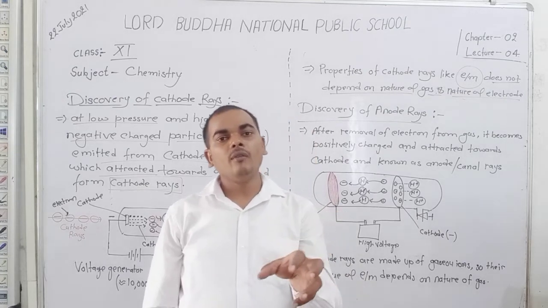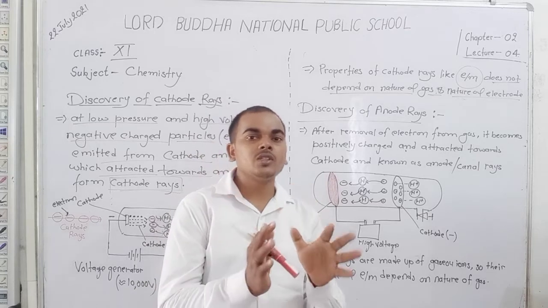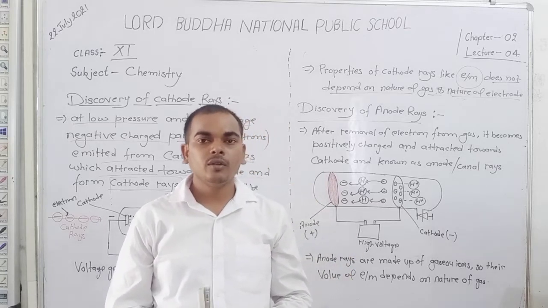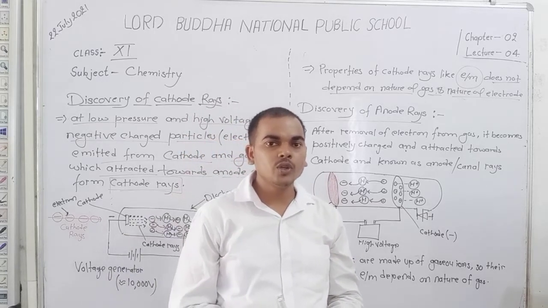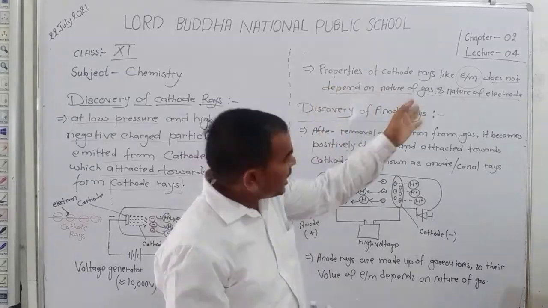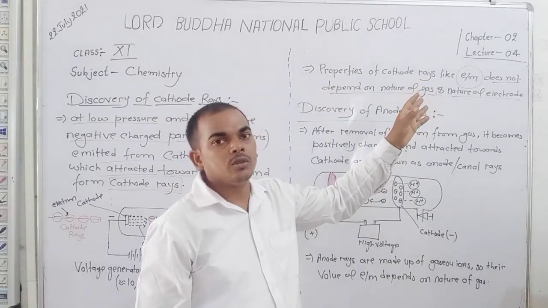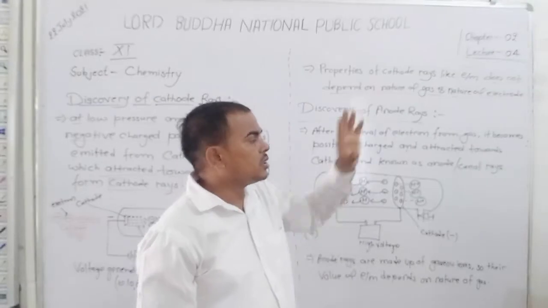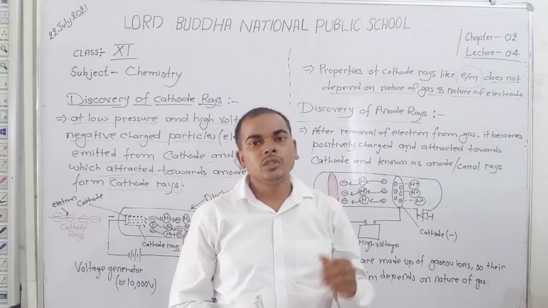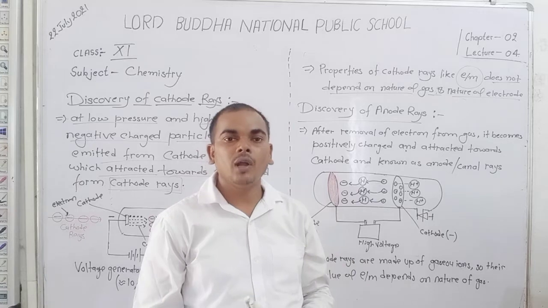So for every gas and every metal electrode, the charge by mass ratio is equal, because the charge and mass of the electron are always constant.